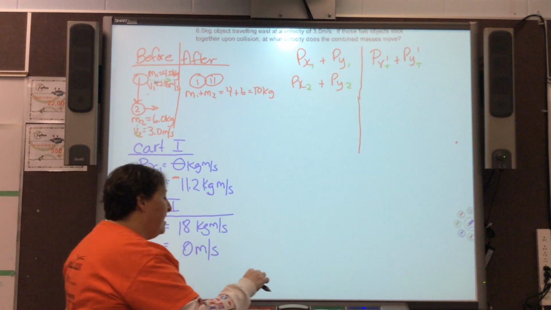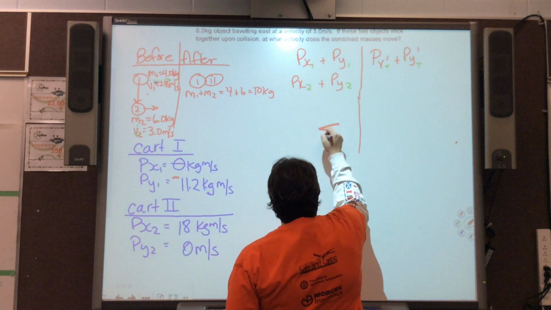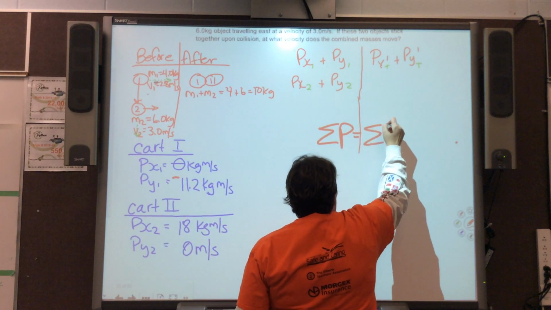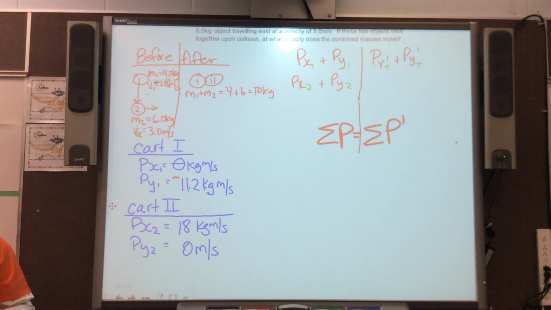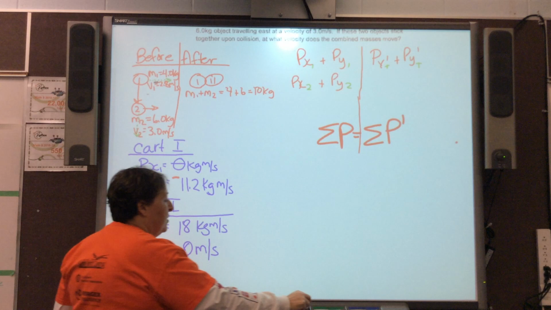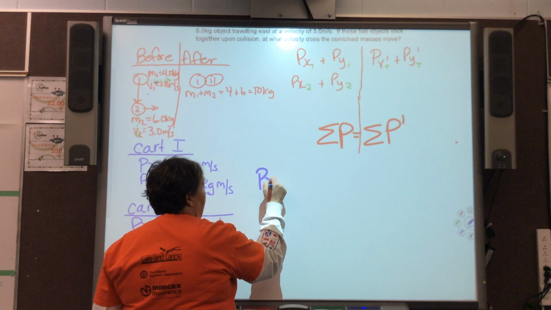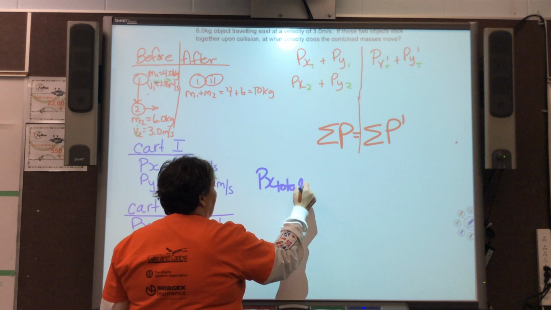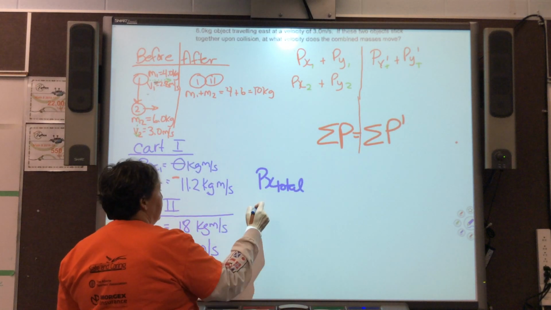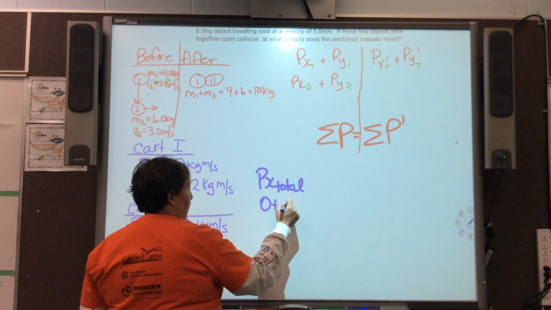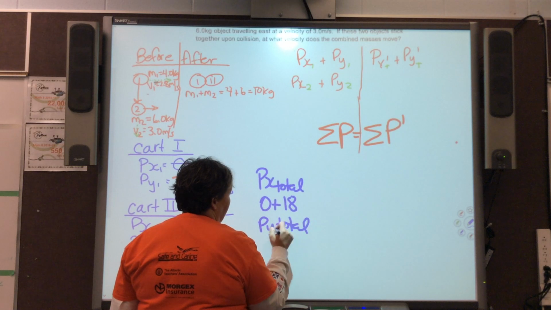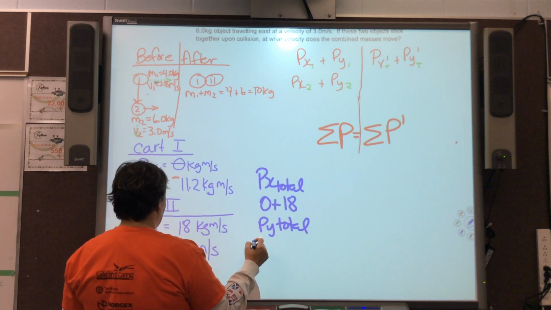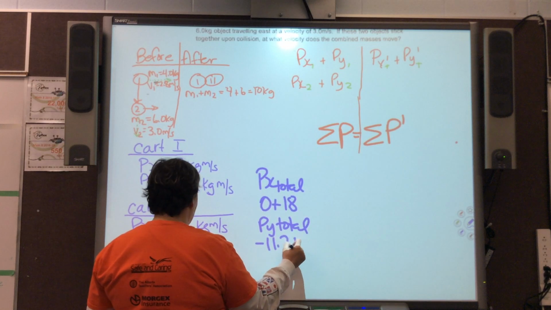And so this part here, the sum of the total before is equal to the sum of the total after. Total momentum, I should say. So Px total before is going to be equal to 0 plus 18, and the sum of Py total is going to be equal to negative 11.2 plus 0.